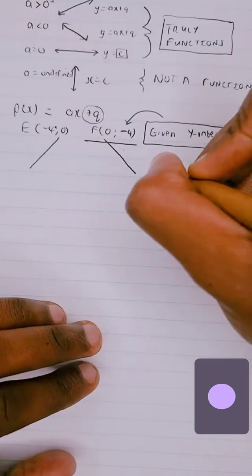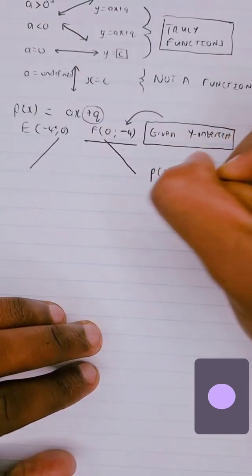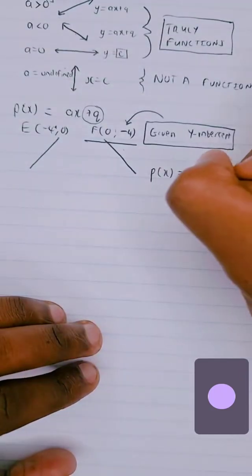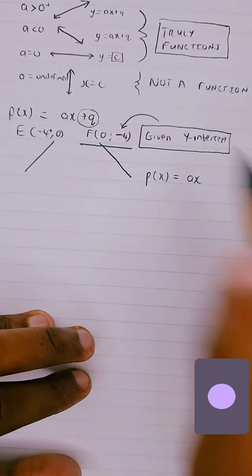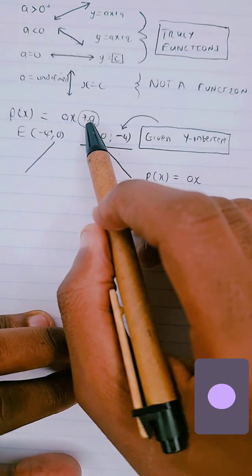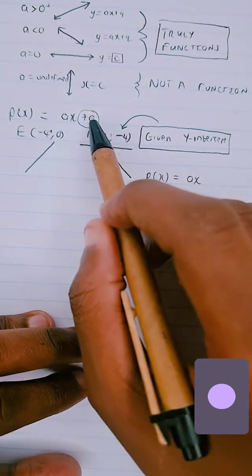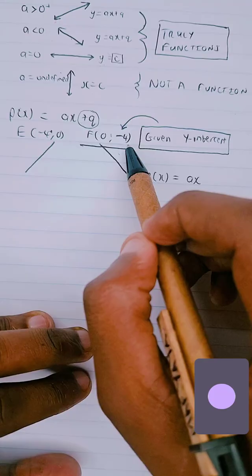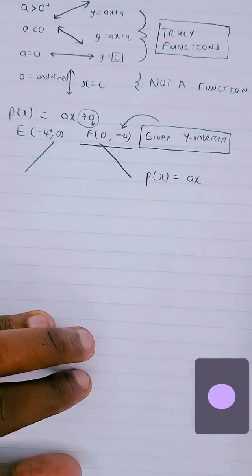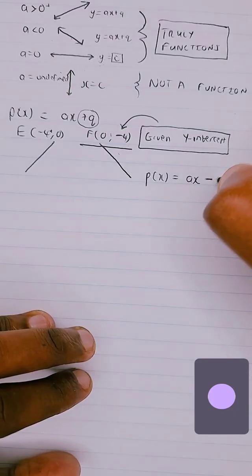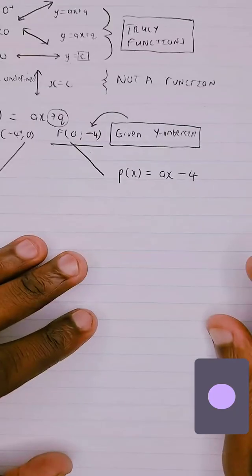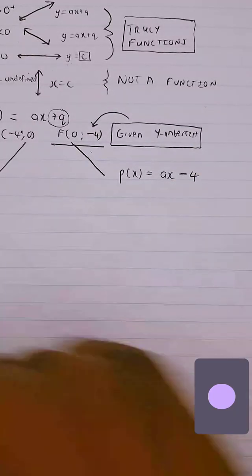Yes. So what I can do is say p of x is equal to ax can stay for now because I don't know what the value of a is. But the plus q part, I'm going to substitute in the place of q, -4. So I have -4. I'm halfway there.